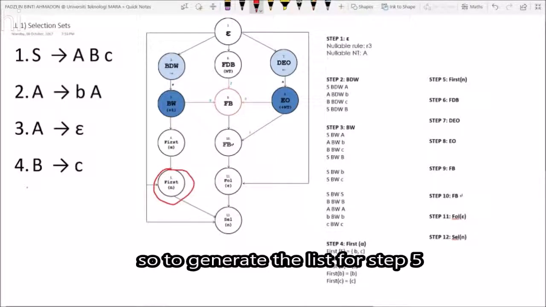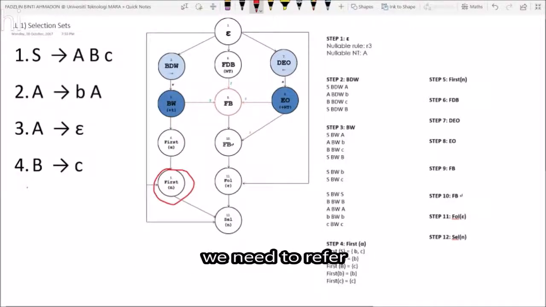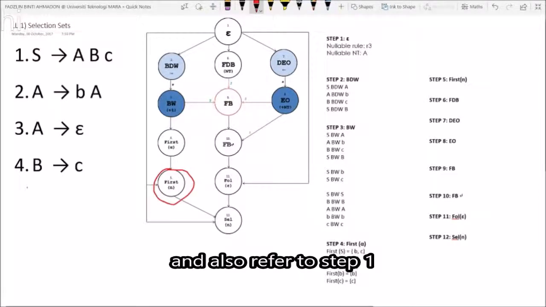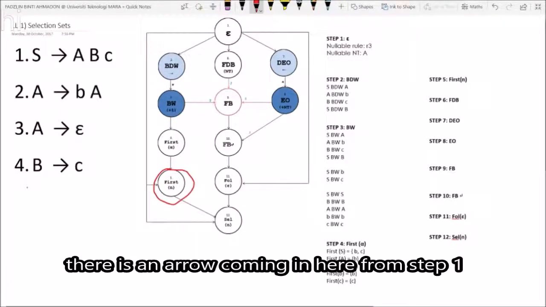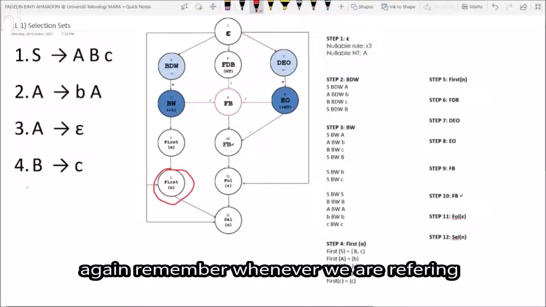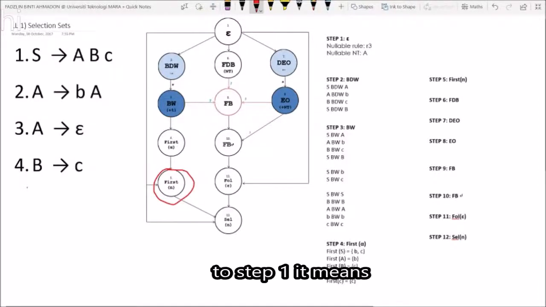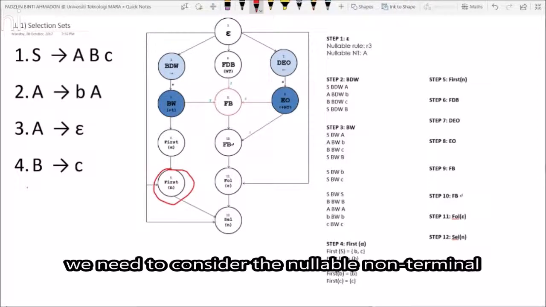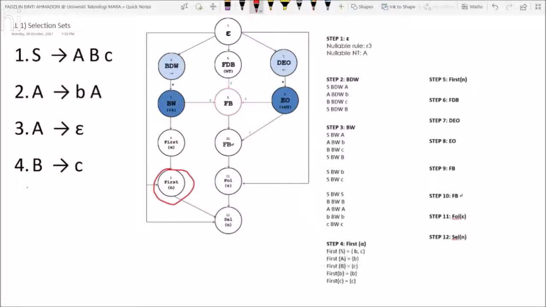To generate the list for step 5, we need to refer to the pairs generated in step 4 and also refer to step 1, because you can see there is an arrow coming in here from step 1. Again, remember, whenever we are referring to step 1, it means we need to consider the nullable non-terminal.